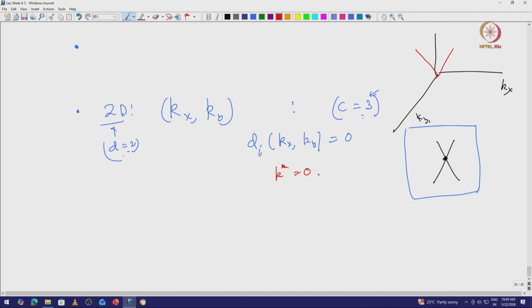It does not necessarily have to be, and it is a Dirac cone along both directions, kx, ky plane, and this is my E. Okay, so at this point there is 0.